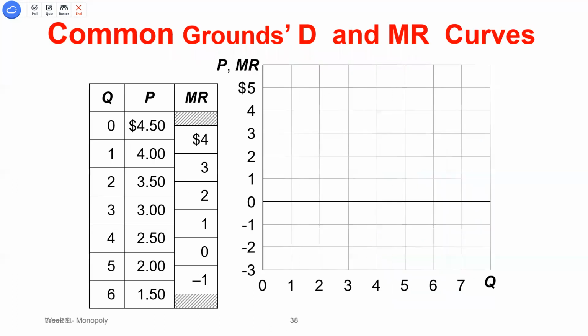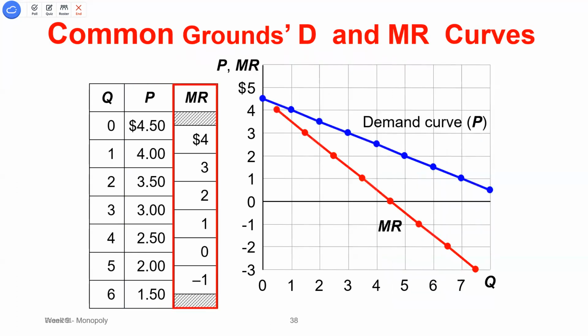Now, what will end up being true is that marginal revenue is always twice as steep as whatever the original demand curve was. I'll give you a mathematical explanation as to why in a second, but for now I'll keep it intuitive and use these numbers.